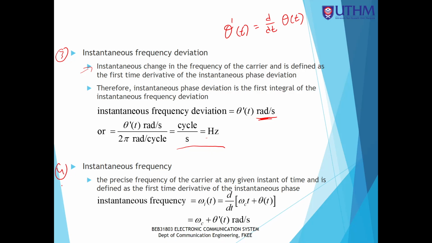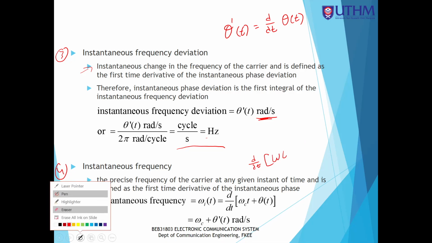Okay, and then the fourth parameter is the instantaneous frequency, the precise frequency of the carrier at a specific time. So you need to do the first derivative, d dt of omega c t plus theta t.